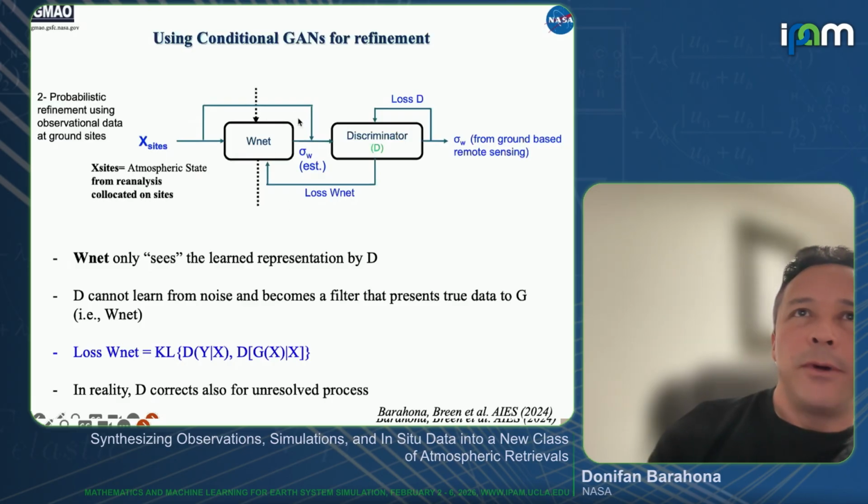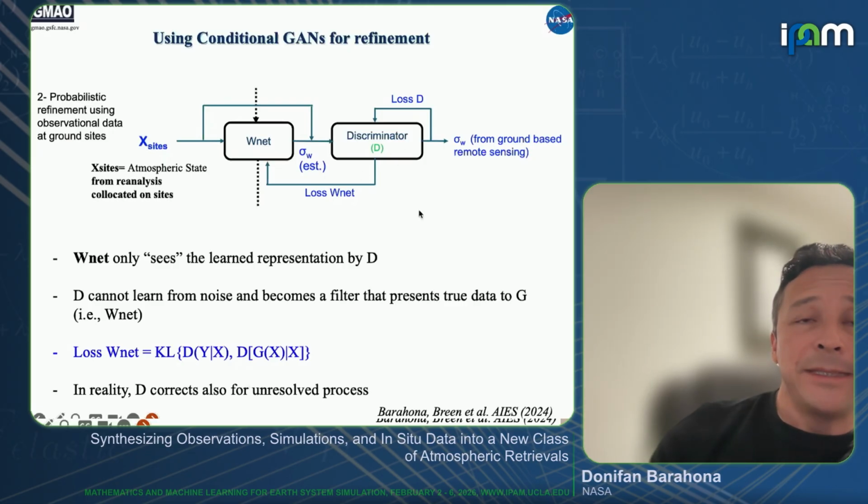And if you follow this, you see that this guy, WNet, the generator, never sees the data directly. Never. It always sees whatever representation of the data the discriminator is learning. On the other hand, the discriminator cannot learn from noise. That's not what neural networks do. They just learn from structured data. So if they learn at all, they are learning something that is not noise.